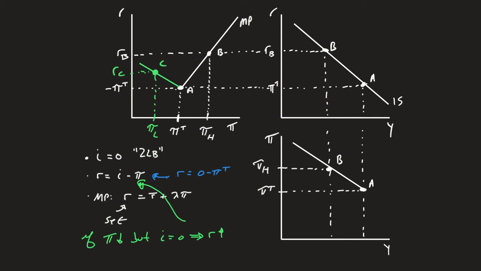Well, what does that mean for our aggregate demand curve? I can go over and say this is my real interest rate at C. And what do I notice? When the inflation rate goes down, let's call this inflation rate L, if I match these up, if this is point C, I'm getting a kink in my aggregate demand curve as well, and it starts to become upward sloping.